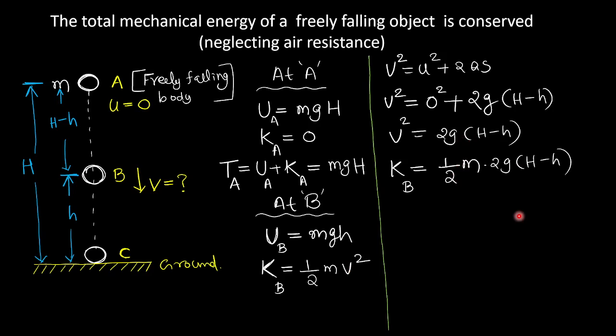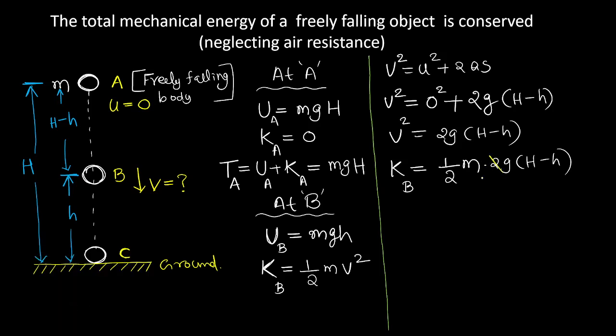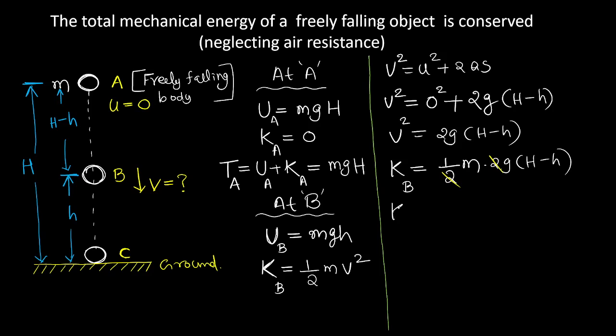Everyone clear? Ashley, Said, respond. Yes, sir. Okay. Rakshana, understood? So 2 cancels. Can I cancel 2? I can cancel 2. So kinetic energy at B will be mg into H minus h.